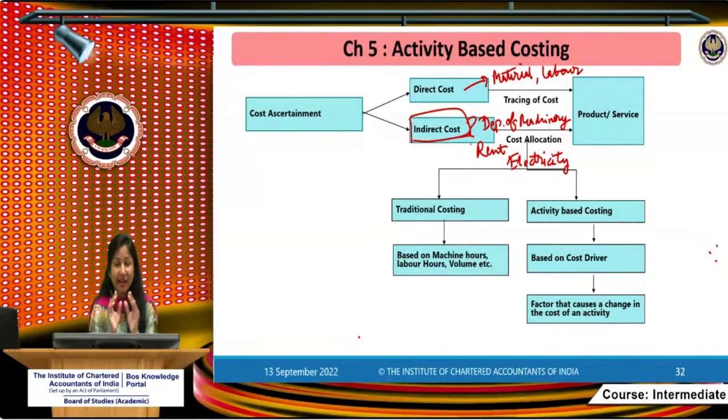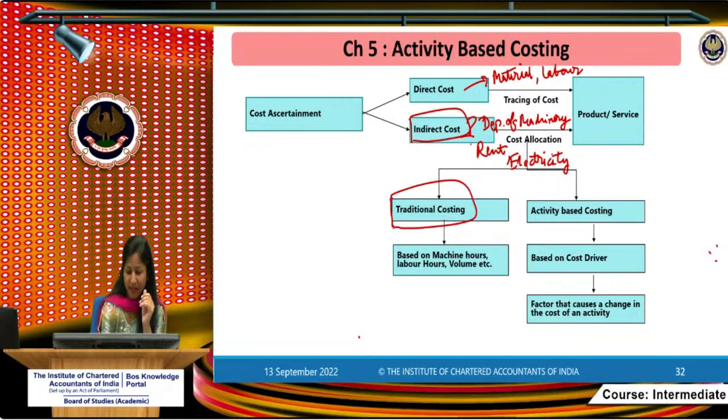Here, rent would be allocated on different means, different terms, different cost drivers. This was the traditional costing where the base could have been machine hour, volume, which means the quantity, labor hours, maybe indirect labors.